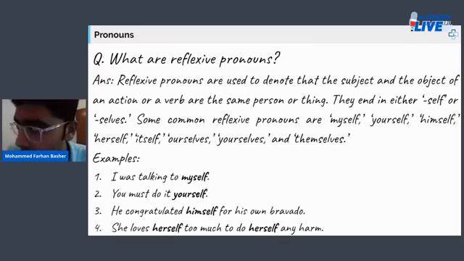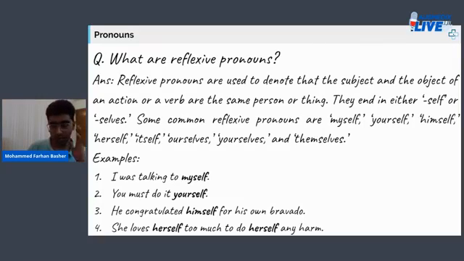So in a sentence, you're using a reflexive pronoun to denote that both the doer of the action and the receiver of the action are the same person, right?